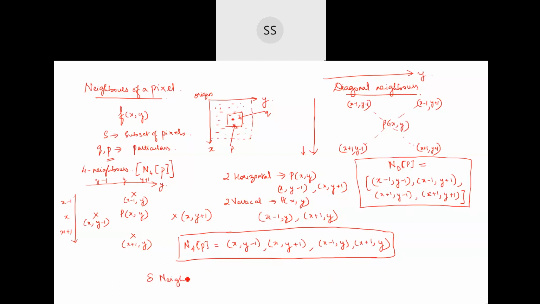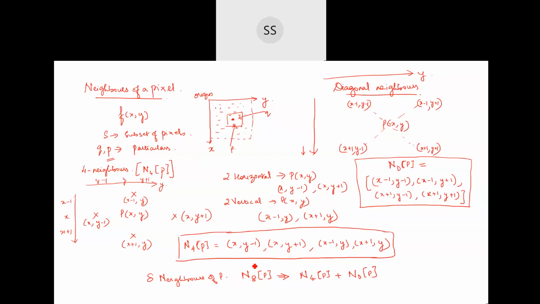The eight neighbors of P are represented as N8 of P, which can be written as N4 of P, the horizontal and vertical neighbors of P, plus the diagonal neighbors of P. How many of them are there? 1, 2, 3, 4, 5, 6, 7, 8. That is how we call the eight neighbors of P.